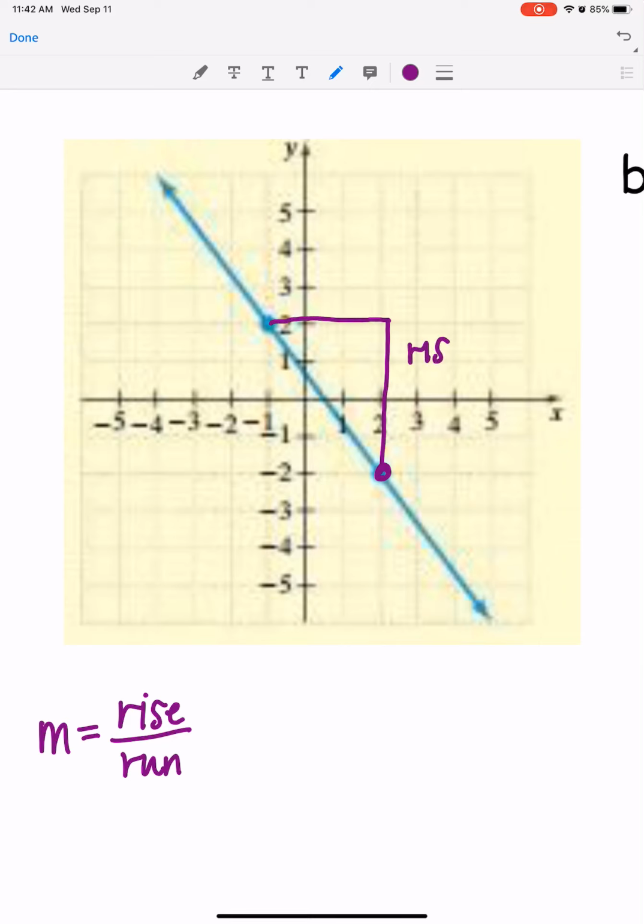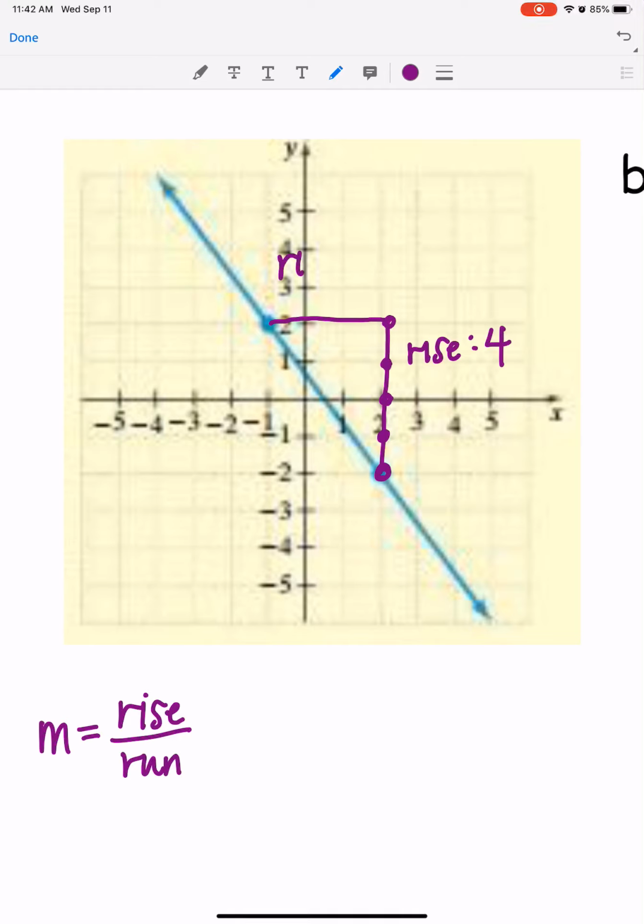So my rise here is 1, 2, 3, 4. So remember, this is not 1 right here. You haven't moved anywhere. So 1, 2, 3, and then 4 is my rise. And because it is going up, that is a positive 4.